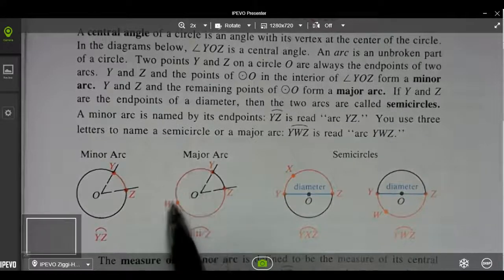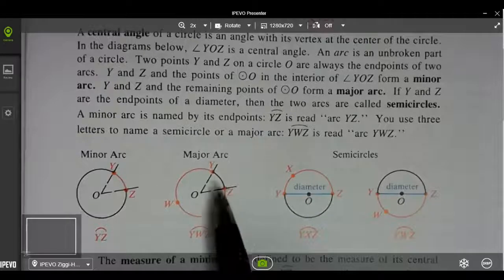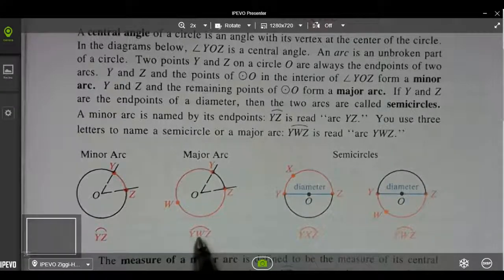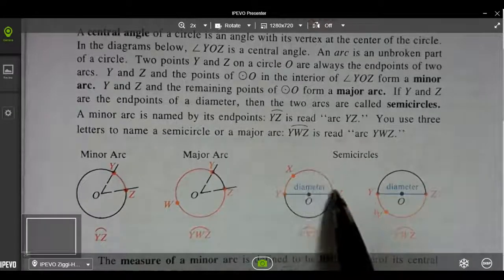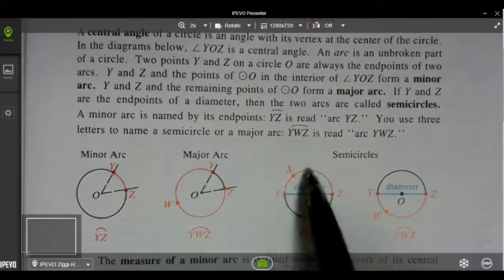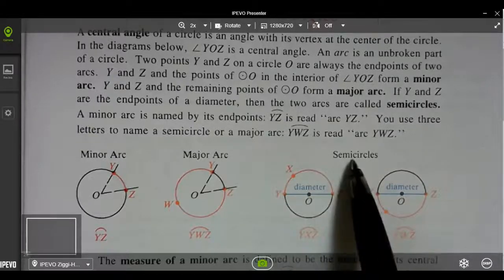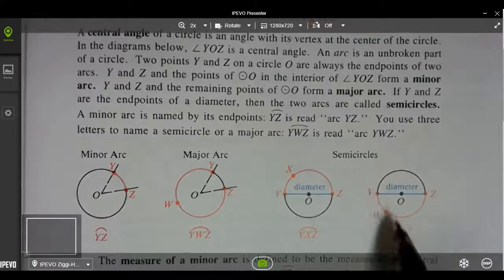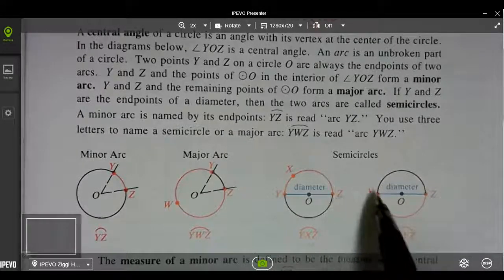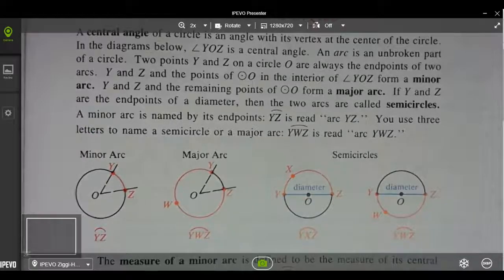So that's why I add YWZ. It is the remaining part that makes it up to 360. So that's the major arc. And when the two arcs are equal, so that is 1/2 of the circle, we call it a semicircle, like here. So YXZ and YWZ, they are semicircles.